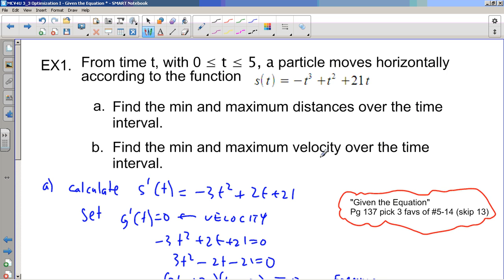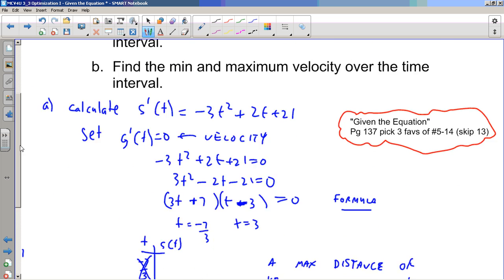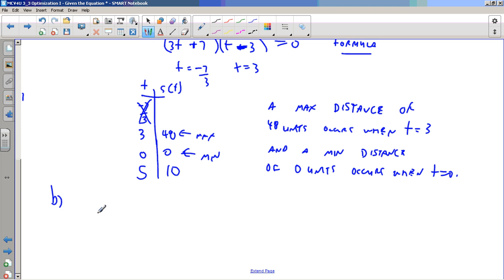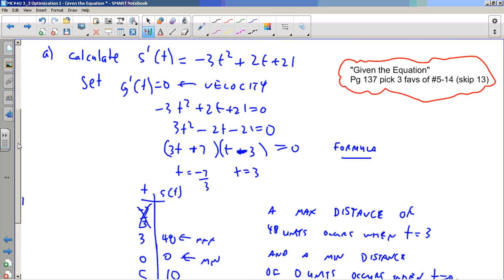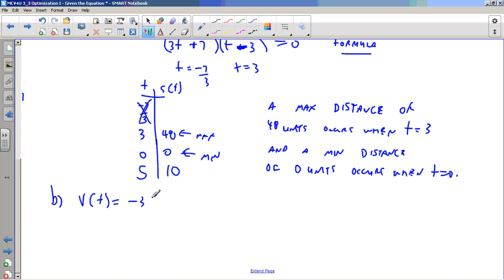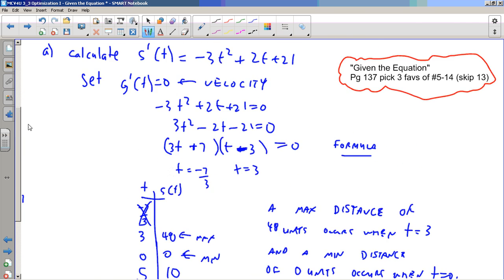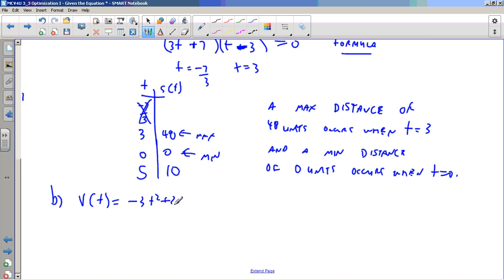B, find the minimum and maximum velocity. So B, the velocity function, is just this first derivative, right? It's -3t squared plus 2t plus 21.